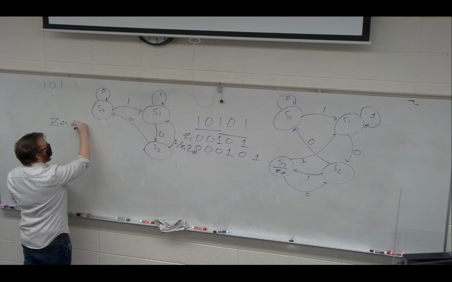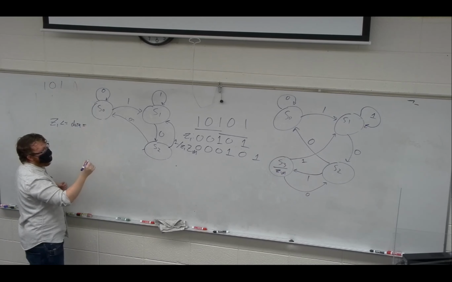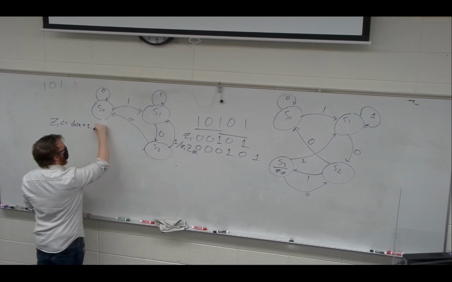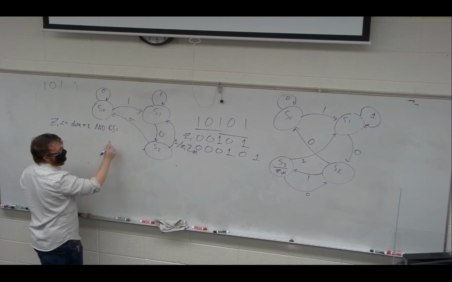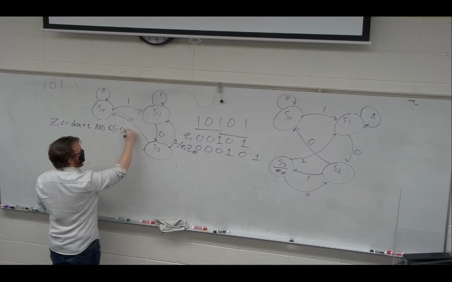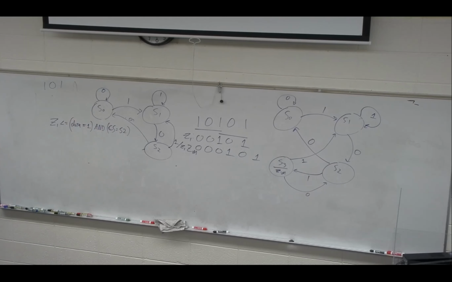I'm going to call this just data, saying data is equal to 1, and current state is equal to S2. Right? Does everyone see this? Does this make sense? Okay, so that's a combinational output.